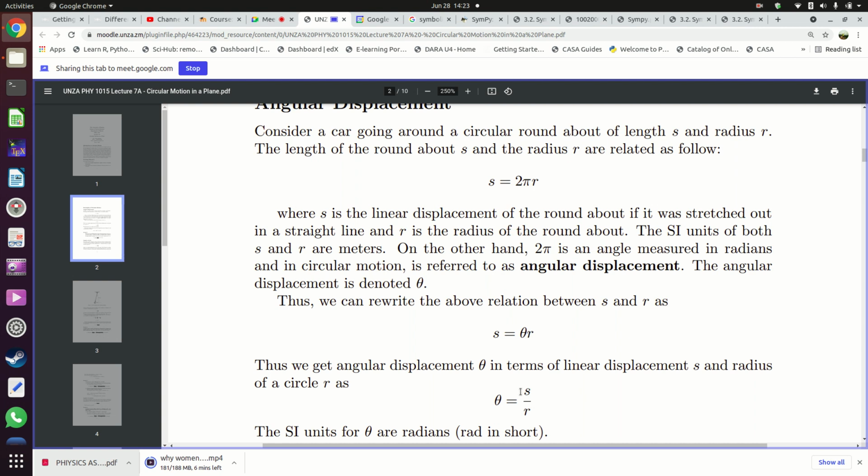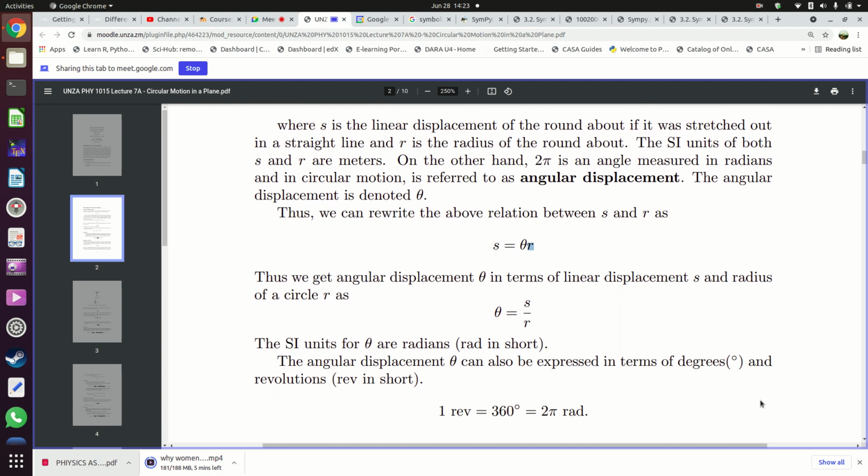We can come up with a formula which gives us theta, which is the angular displacement. So here we can divide both sides by r. If we divide both sides by r, we end up with this. Theta is equal to s, which can be the circumference of the circle, or it can be the arc length of the circle.